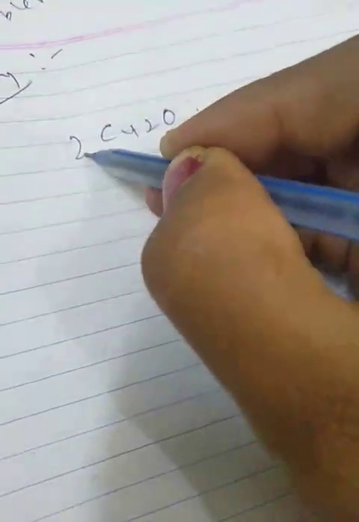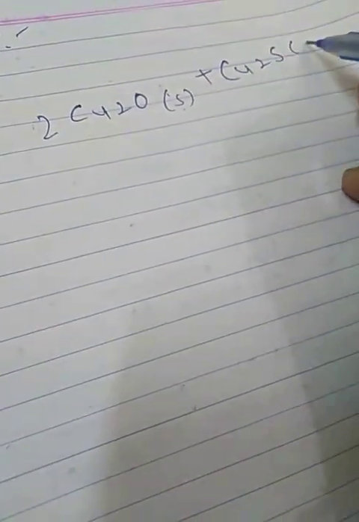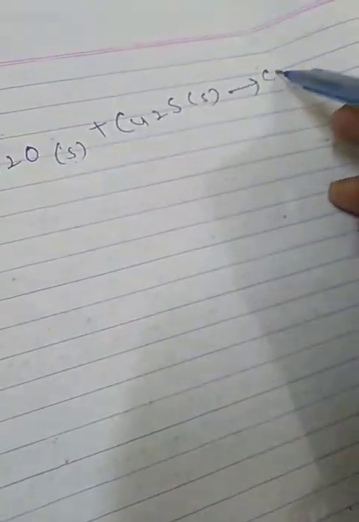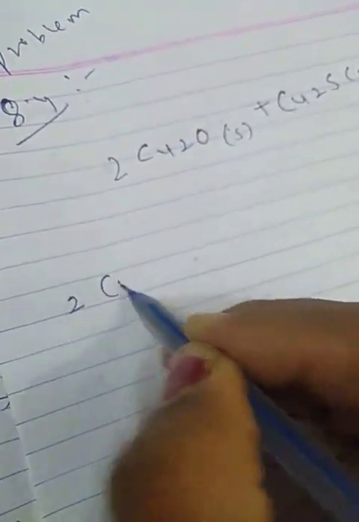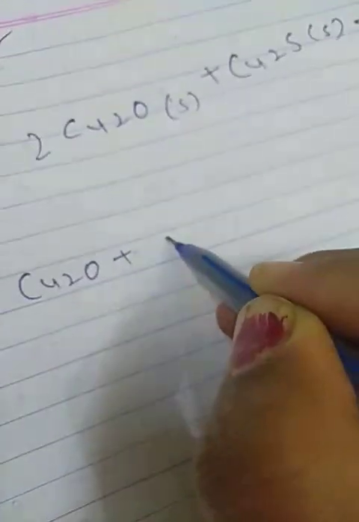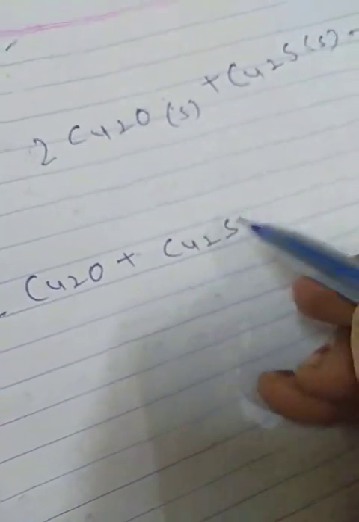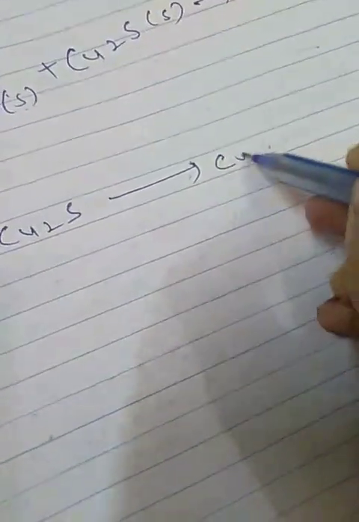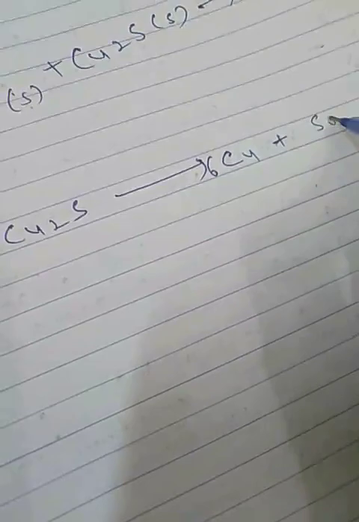Cu2O, which is given, is in solid state, plus Cu2S. Then it is going to convert to 6Cu plus SO2 gas.